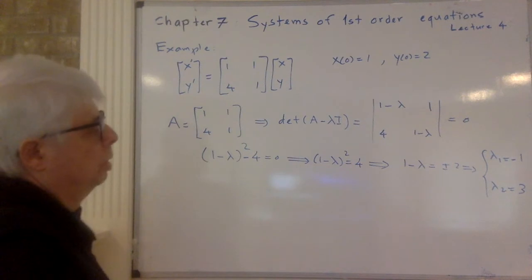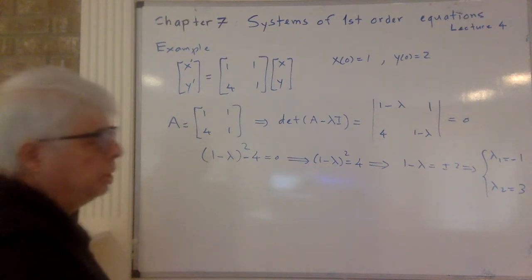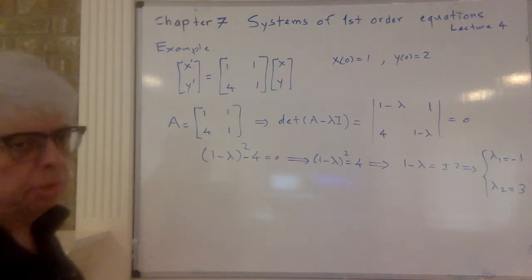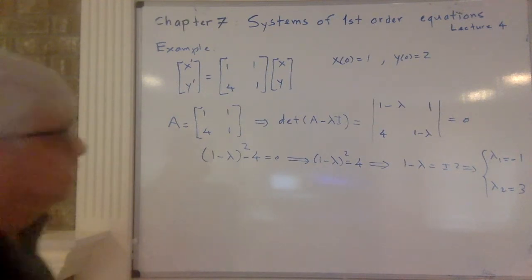Okay. So these are two distinct real eigenvalues. I should have said that first case is in fact two distinct real. In fact, the complex case, they are distinct, but that's complex.